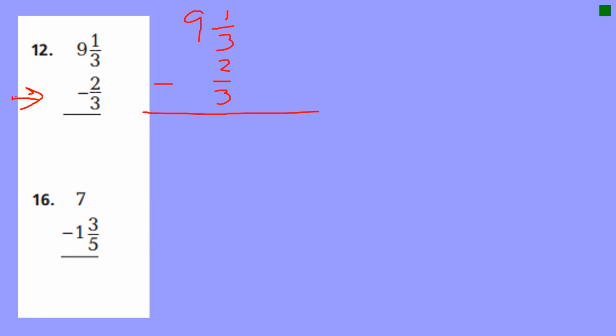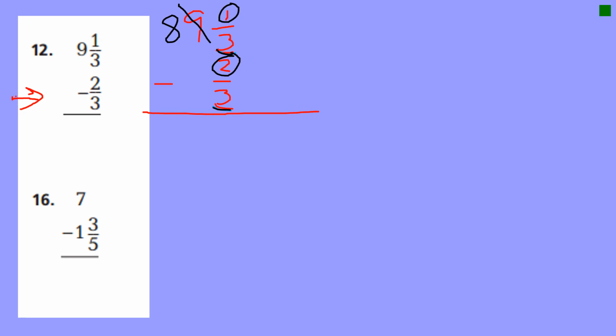Okay, so the denominator is the same. It's 3, right? So we can just subtract 1 minus 2. How can I take 2 away from 1? Regroup. Goodbye, 9. We are taking 1 from you, so now you are only 8.